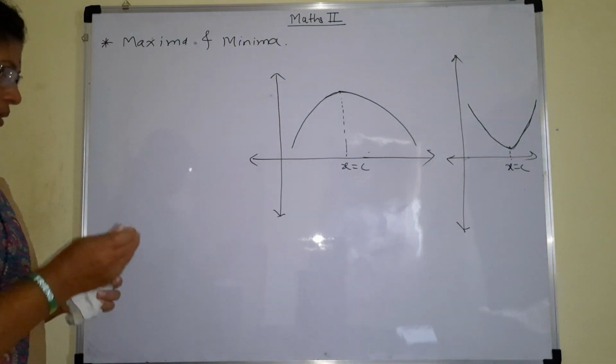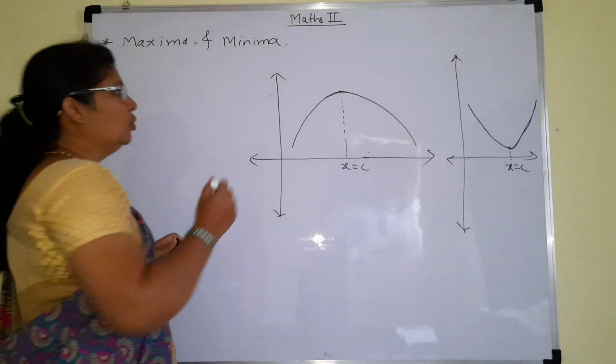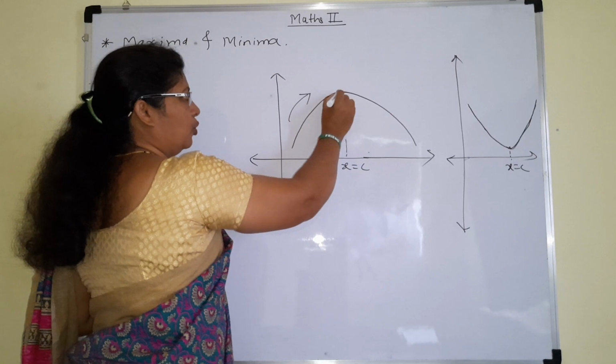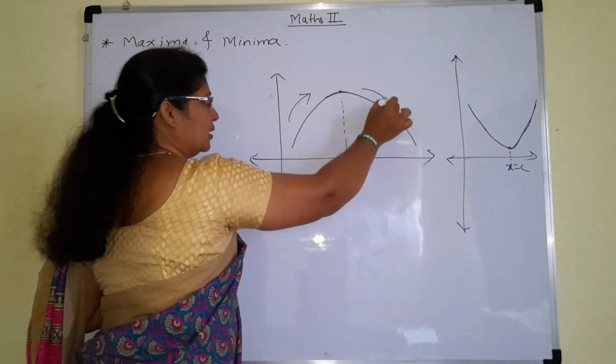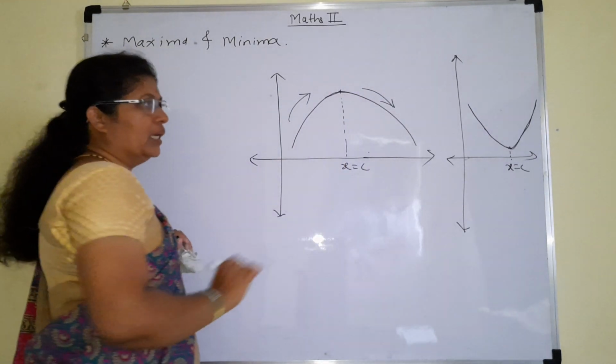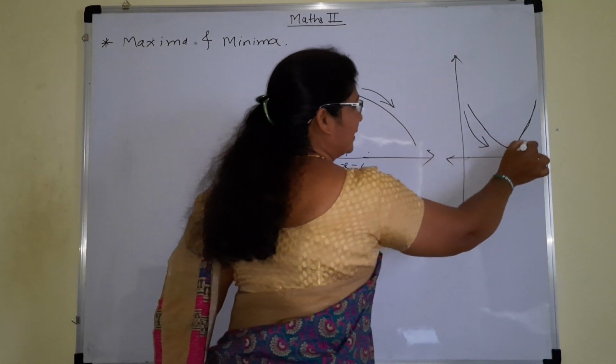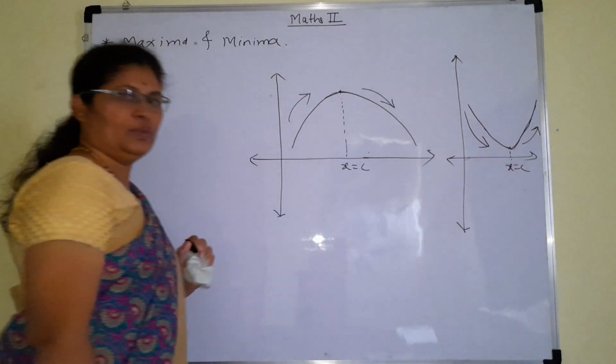What happens here? First of all, the function is increasing up to this point, and now it is decreasing. Here the value of the function is decreasing and then it goes increasing.